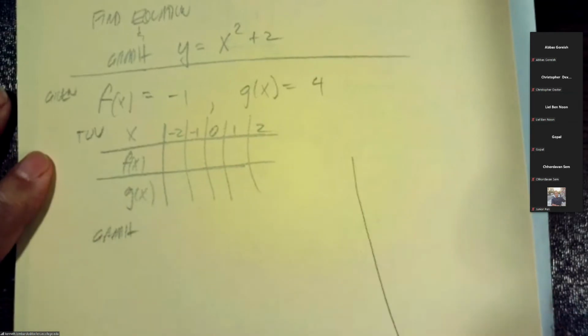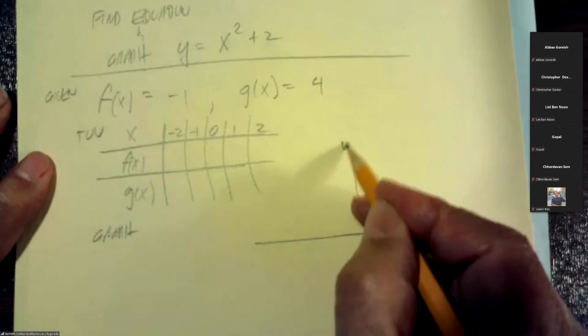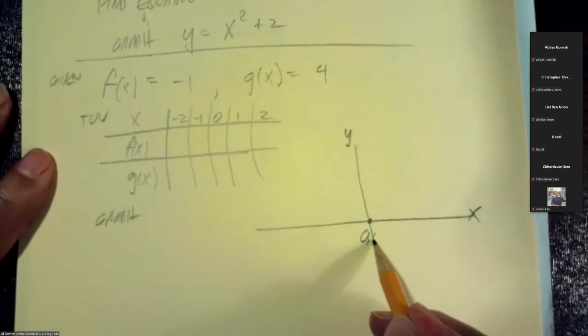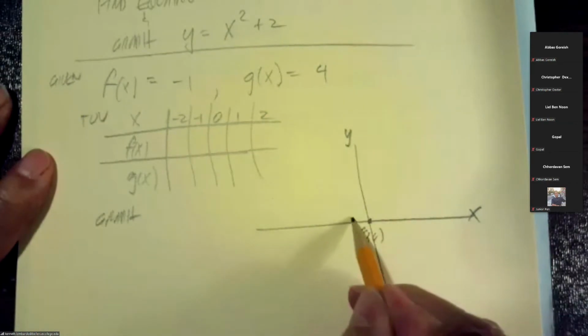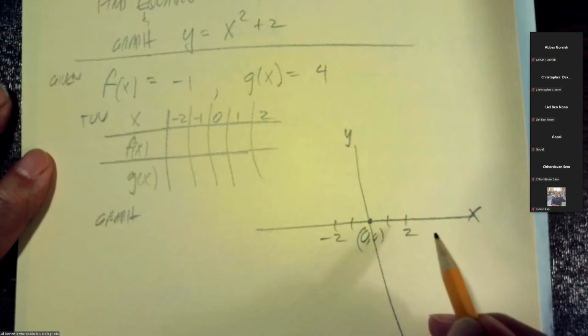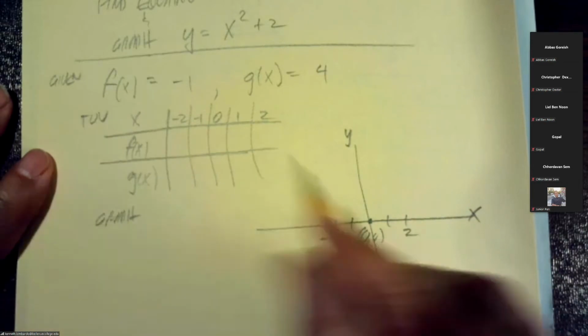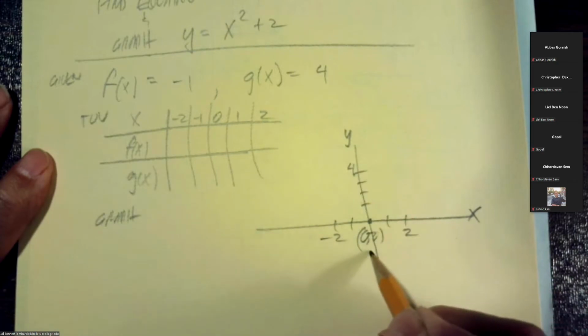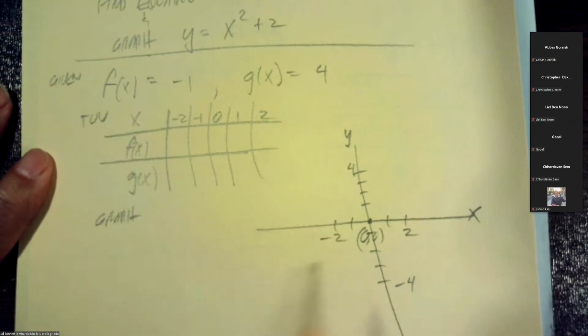And we want to graph this thing here like this, x, y, and here's the origin at 0. So here's -2, here's +2. All right, can we create a table of values and then plot the points and then connect the points and graph it?